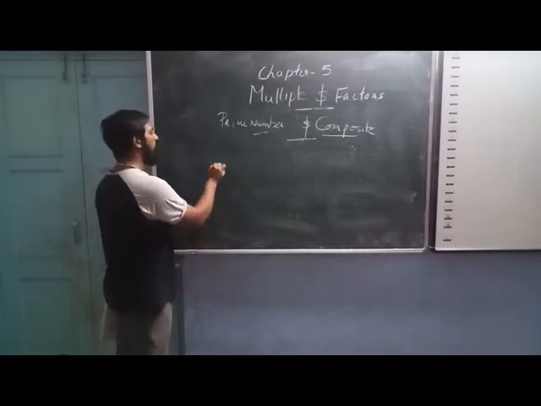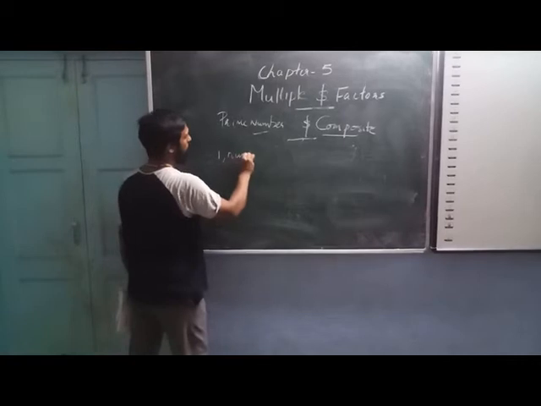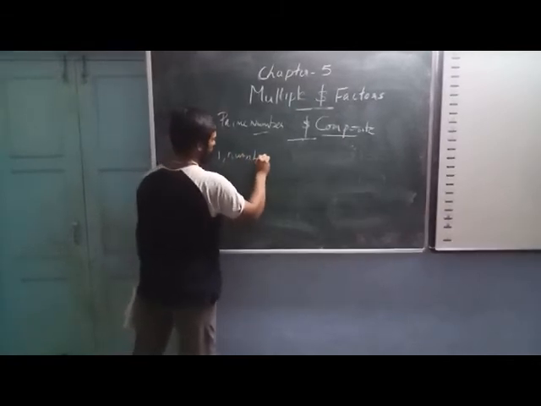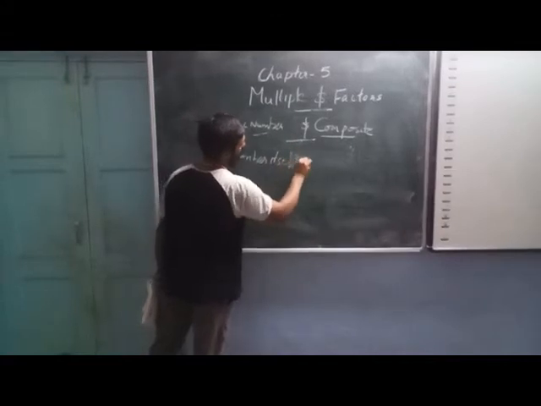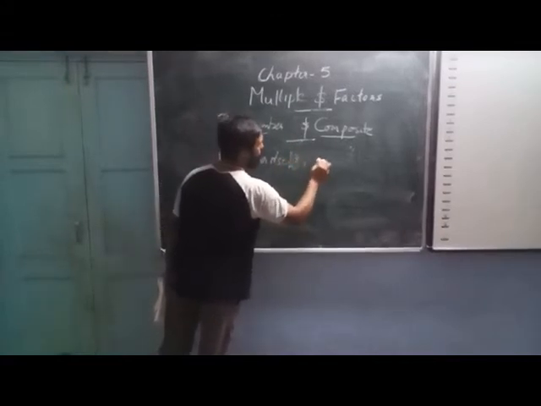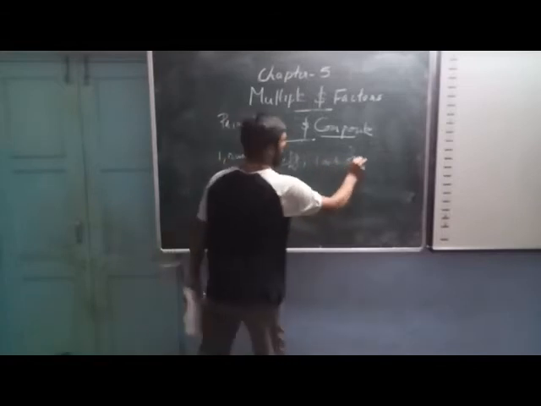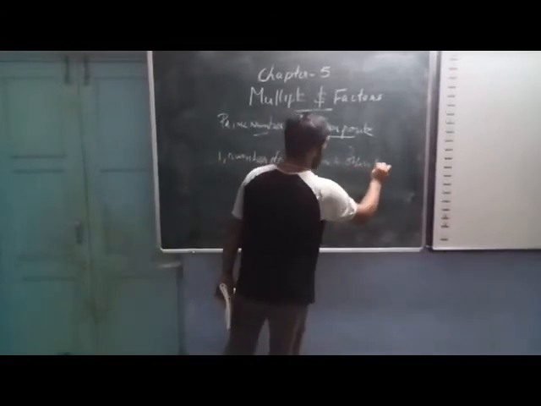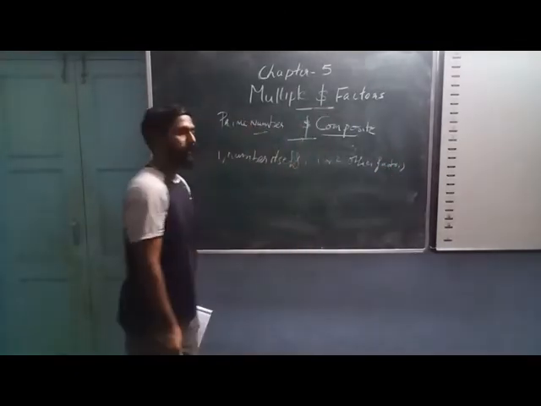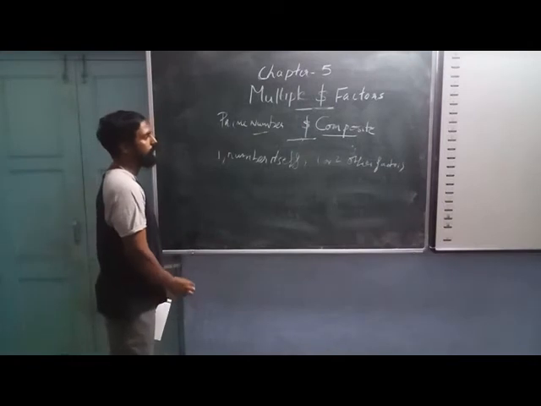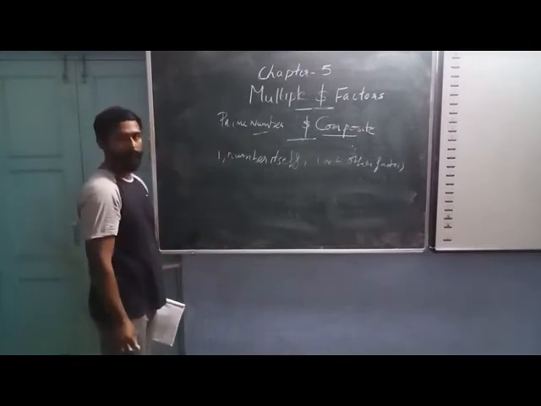It may have a factor other than 1 and the number itself, one or two other factors also. Okay, so you might be remembering what factors are. The factors are the numbers that are multiplied to find the multiple.